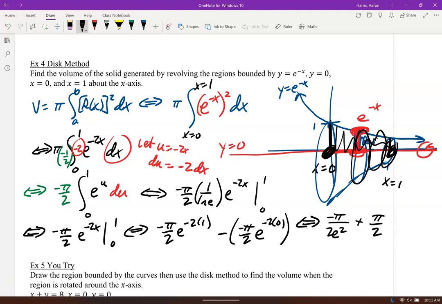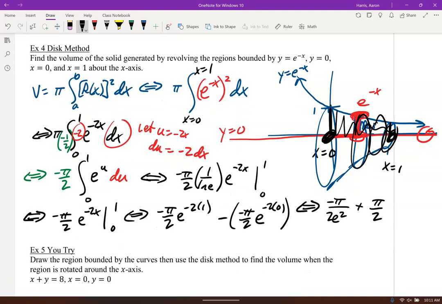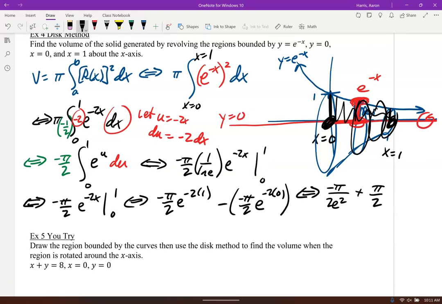We got e to the zero, just a 1, so I got negative pi over 2e squared plus pi over 2. Or if you want to take out a pi over 2, that would clean up, and you'd have 1 minus 1 over e squared.